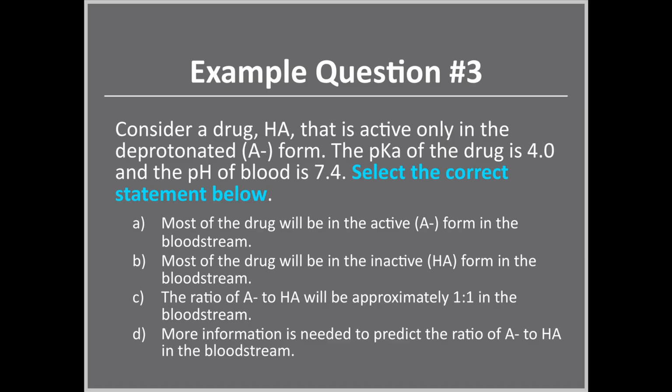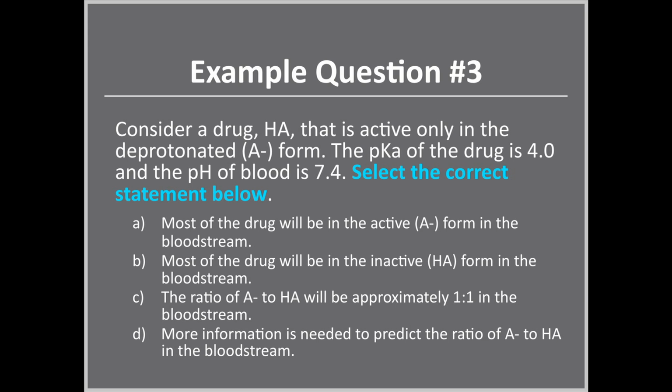Let's go through another example of a select the best response question. Consider a drug, HA, that is active only in the deprotonated A- form. The pKa of the drug is 4.0 and the pH of blood is 7.4. Select the correct statement below. A, most of the drug will be in the active A- form in the bloodstream.